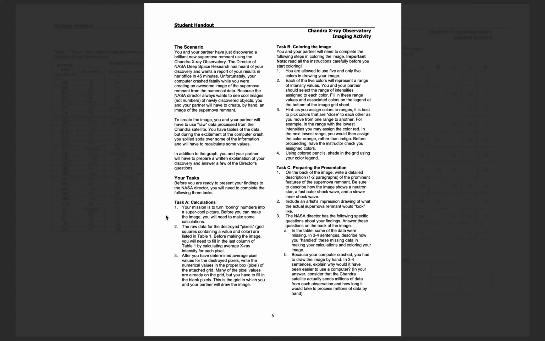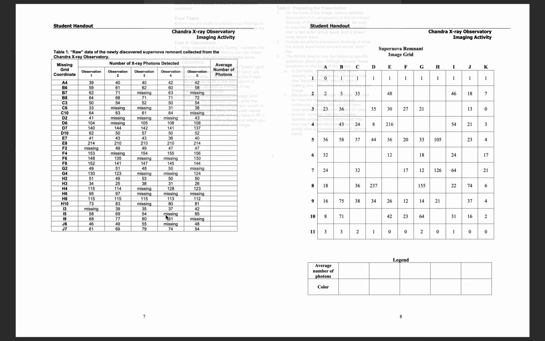So that brings us to this next set of pages. The one on the left is your data table, so to speak, and you can see all the areas where there's data missing. That was a result of the computer malfunction.